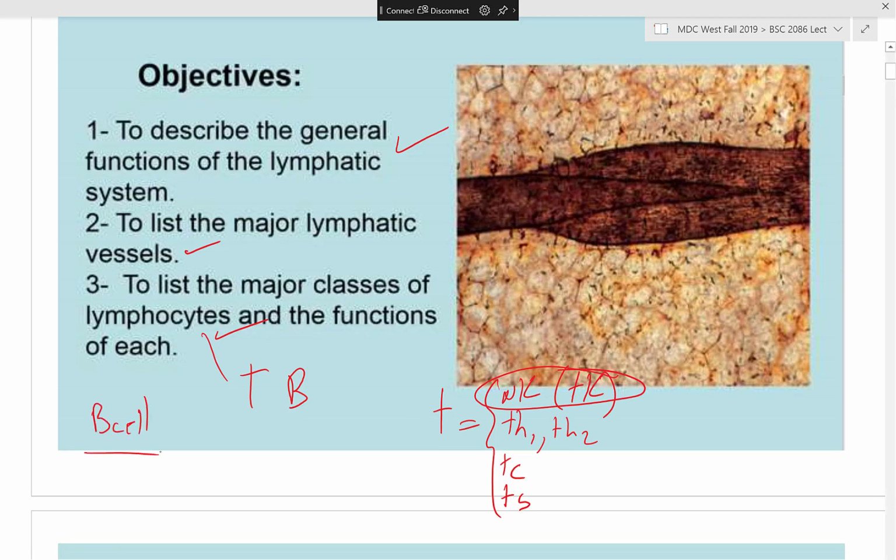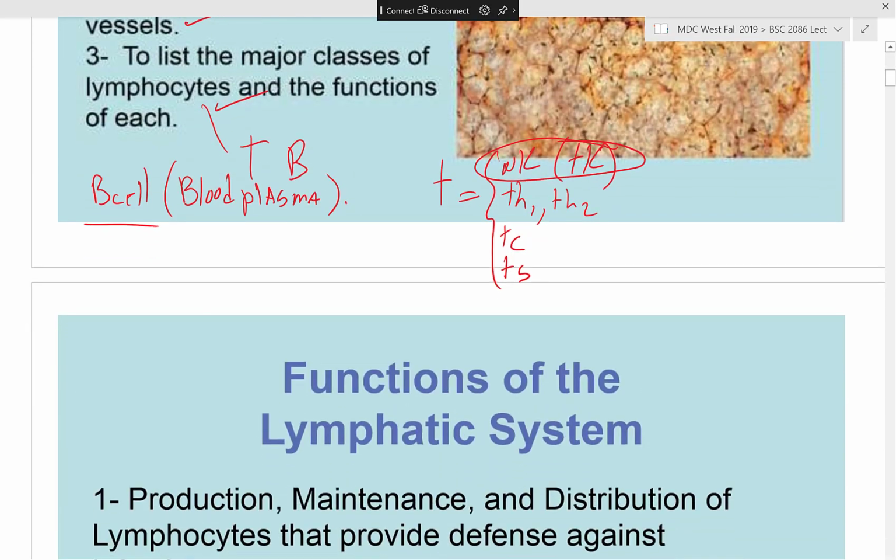What are different types of B lymphocytes? So these B lymphocytes, the B cells that are found in the blood plasma, what are they called? They're called cells that are found in the plasma. What do we call things that are found in the plasma, guys? Anybody? They're part of the bloodstream, correct?